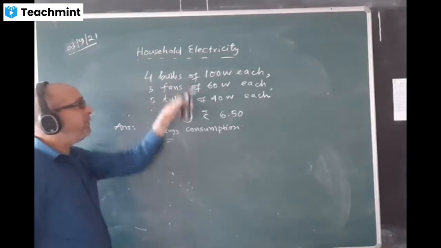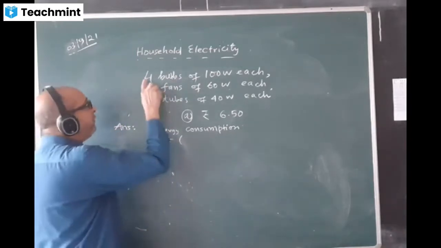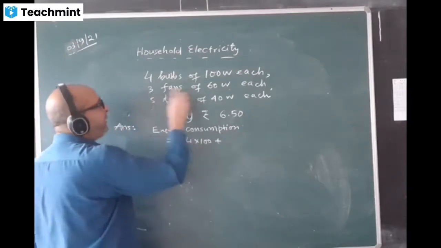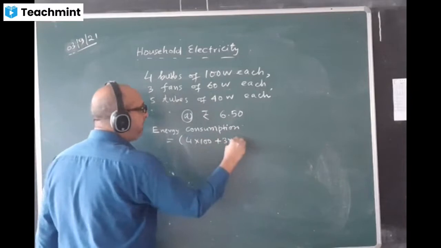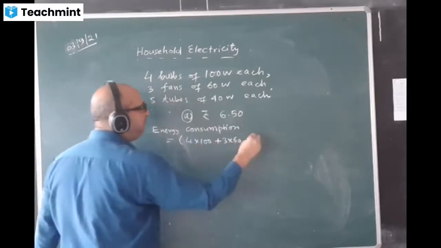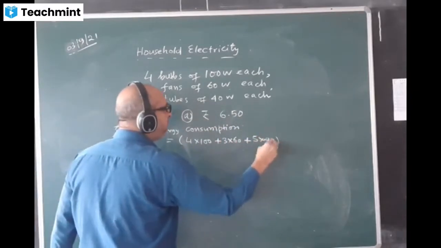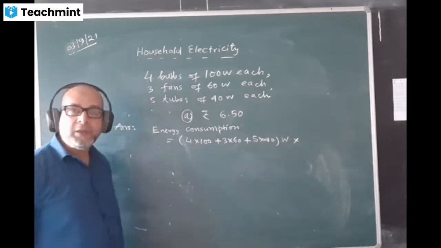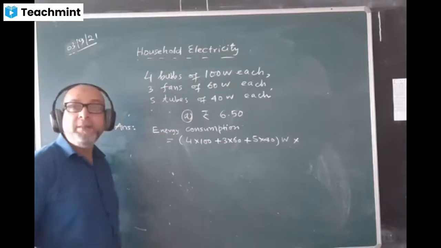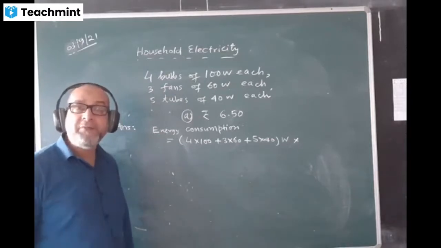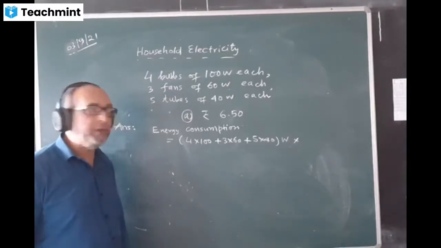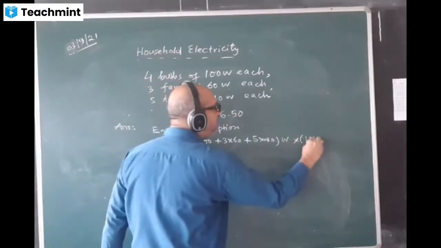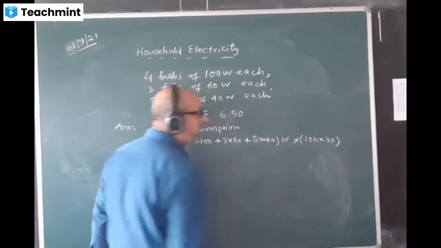First we write 4 into 100 plus 3 into 60 plus 5 into 40. This is the total power, total wattage. Into the time, but we take time in hours because ultimately we want kilowatt hour, the commercial unit. How many hours are we using in a day? 10 hours, but for 30 days, so into 30.